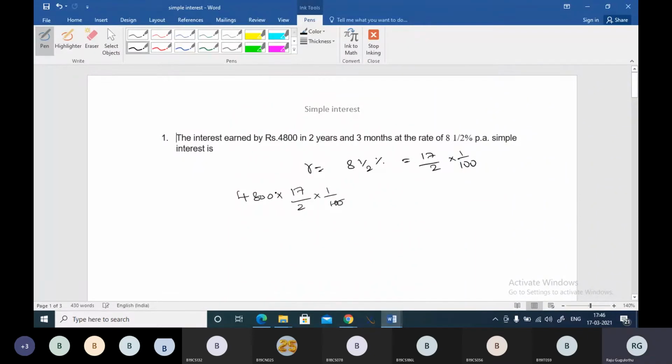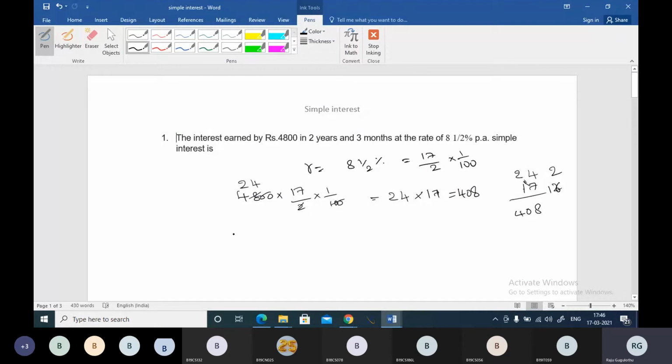You can cancel it to 24, and we need to find 24 into 17. Generally on the first day I told you this cross method: 7 4s 28, 2 7s 14, and 14 plus 2 is 16, 4 plus 1 is 20, so 408. So this will give you 408.